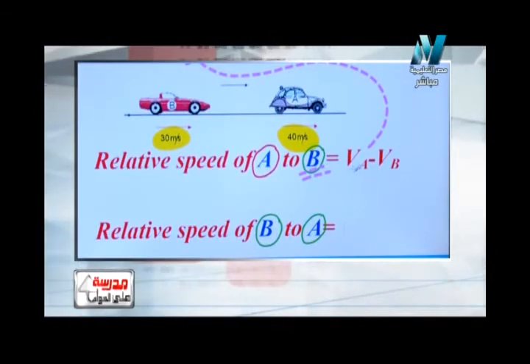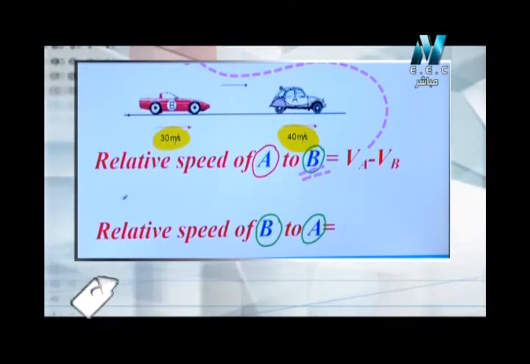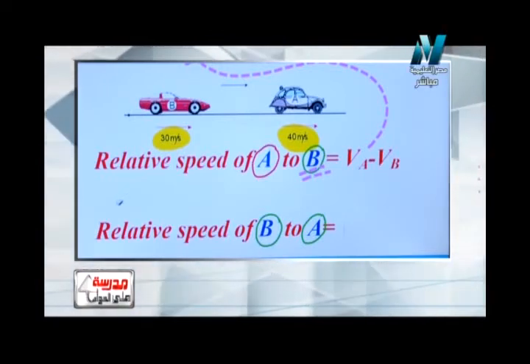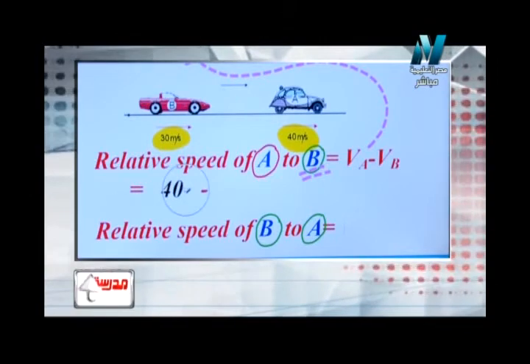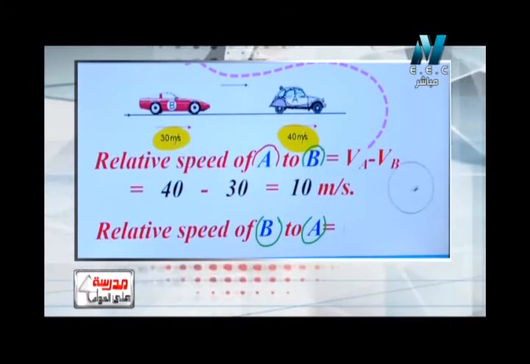So VA minus VB. VA equals how many? 40 meters per second. VB equals how many? 30 meters per second. So 40 minus 30 equals 10 meters per second.